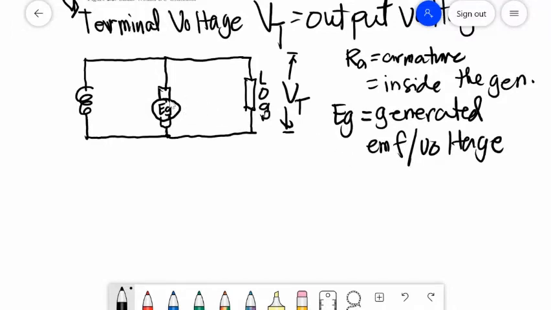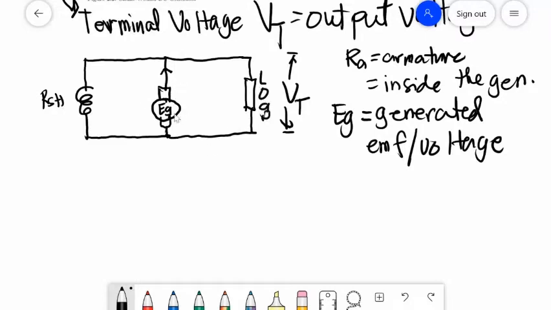Since this is a generator, as in chapter 1, it supplies current. It supplies voltage. So the direction of your current here in EG will be upward, because it supplies RSH and your load.